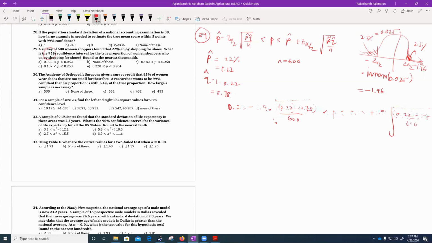Simplify this and get the answer. You should get 0.187 and 0.253. Make sure that you are getting this answer. So that is going to be choice D.